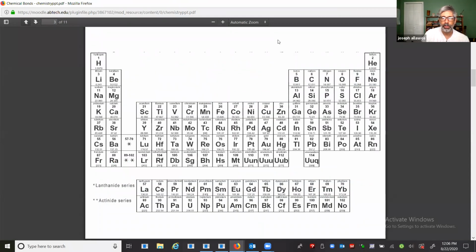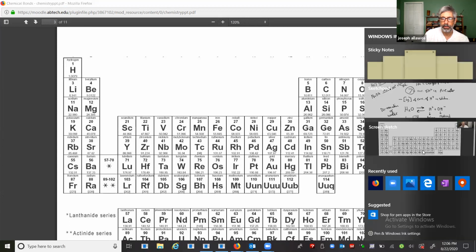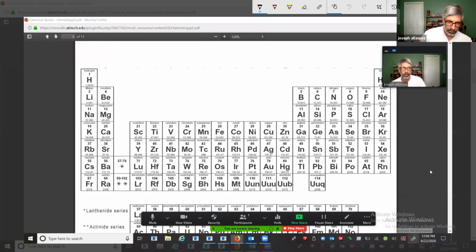Carbon, remember, has an atomic number of 6 and an atomic mass of 12. So it is C-12. And remember what these numbers indicate. The 6 indicates the atomic number, which is the number of protons. The 12 indicates the atomic mass, which is the protons plus the neutrons.